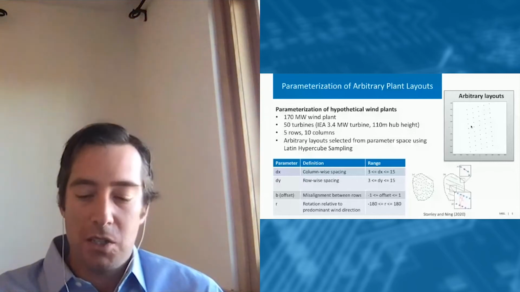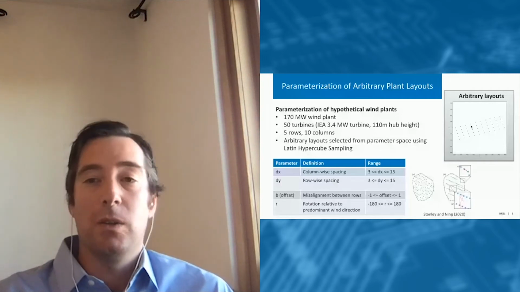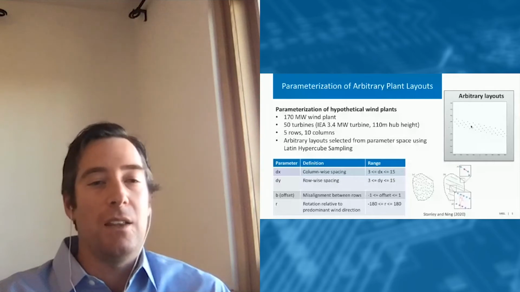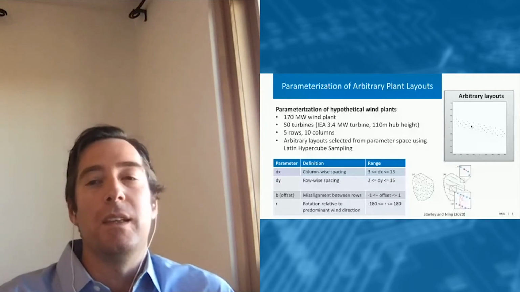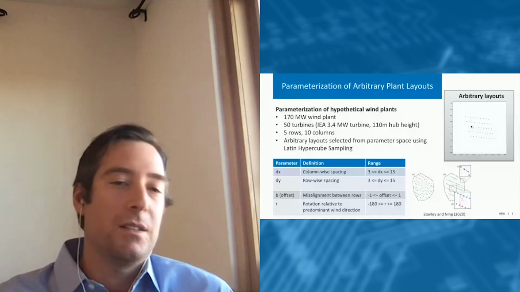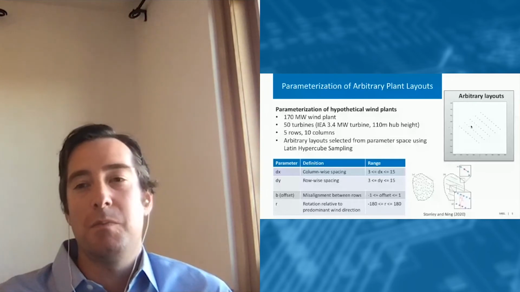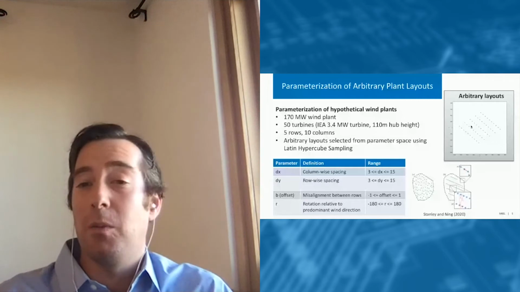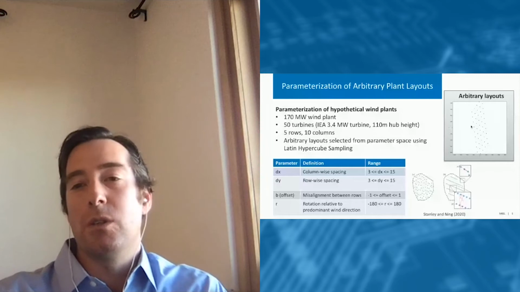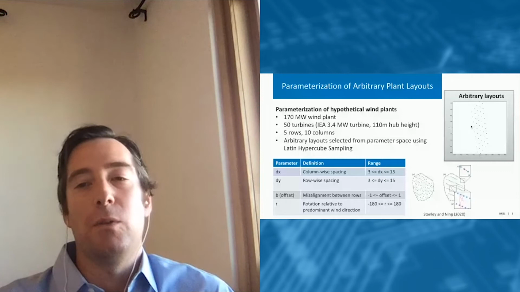Now, within those constraints, though, we permute the design characteristics to look at a whole possible subset of arbitrary layouts that could occur, again, within this hypothetical wind plant. And so we are able to iterate using Latin hypercube sampling across these parameters that describe the column-wise spacing, the row-wise spacing between turbines, how misaligned rows are, and also the rotation of the entire farm relative to the predominant wind direction.